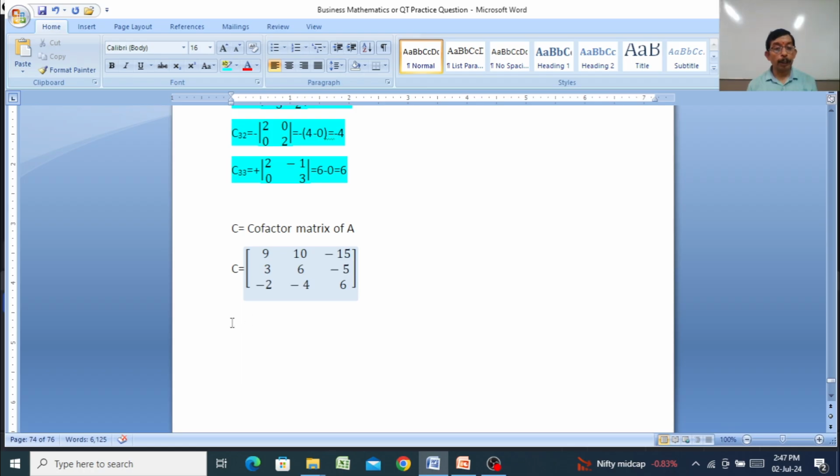Now we find the adjoint of A. What is the method for the adjoint of A?